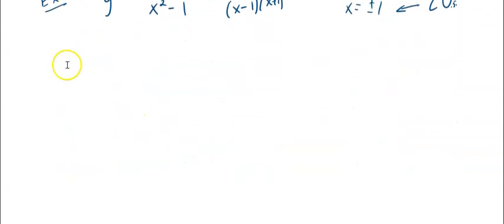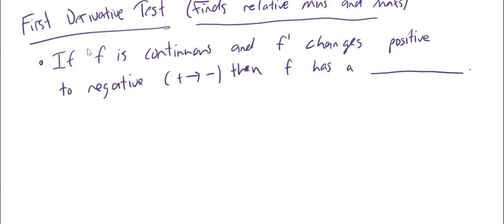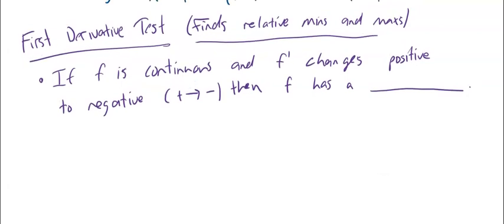So I'm going to scroll down. I'm going to write out the first derivative test, and then when I pause it, I'll explain it, and you can write it down as I'm explaining it. Okay, so this is the first part of the first derivative test. I'll read it out loud and give you a chance to go ahead and write it. The first derivative test finds relative mins and maxes on a function.